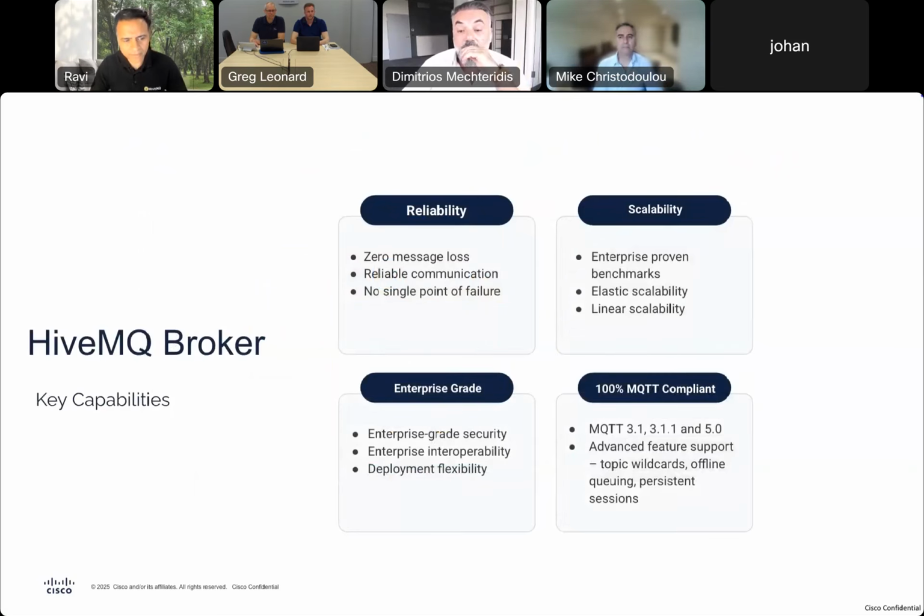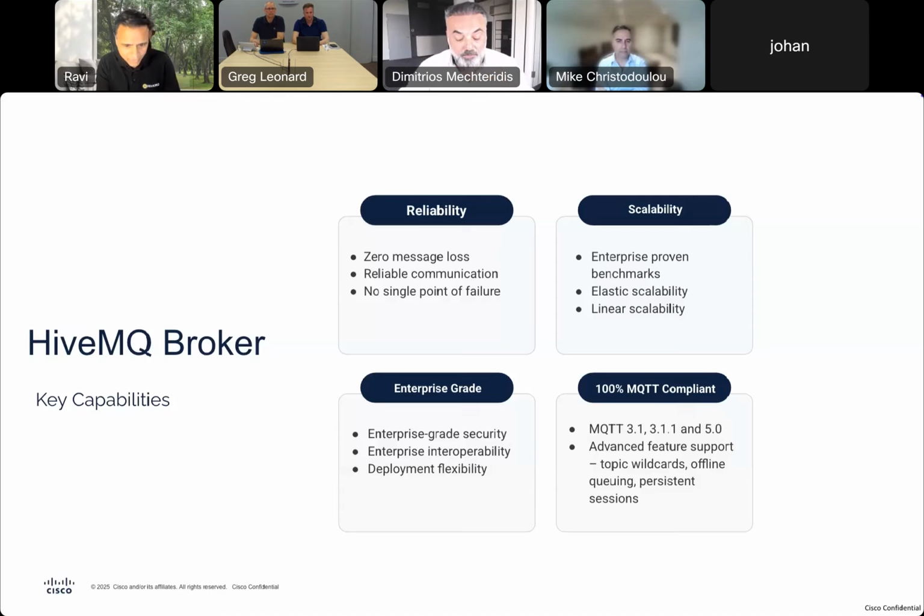From a feature perspective, there are four key components that we provide. The first is reliability: absolutely zero message loss, ensuring the communication has no single point of failure. From a scalability perspective, you start small, with a small number of devices, but you want to scale up to millions of devices sending data back and forth, and the system should support that.